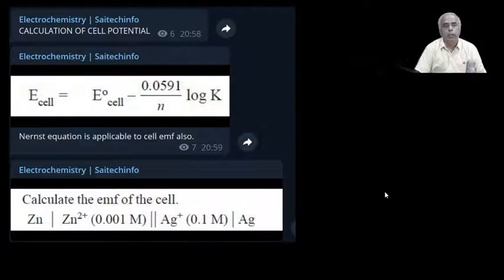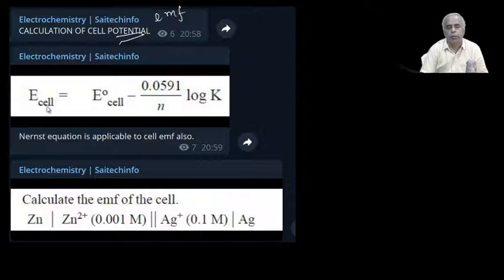Next, calculation of cell potential or cell EMF. As I already mentioned, this can be represented as cell EMF also, with the same Nernst equation. So the cell EMF is equal to the standard cell EMF minus 0.0591 divided by n into log K. Here the Nernst equation, as I already explained, is applicable to cell EMF.